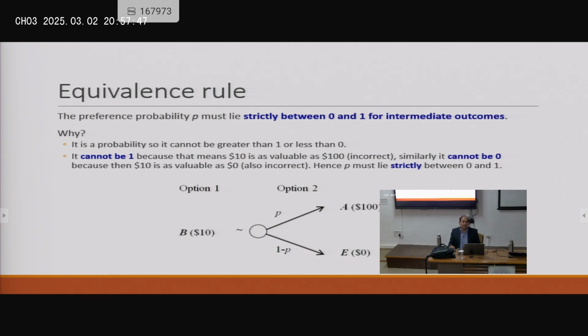So a larger value of P here means what? Does that mean that you value this outcome more or less? Another way to say this is, based on the order of preferences, B is less, of course, right?